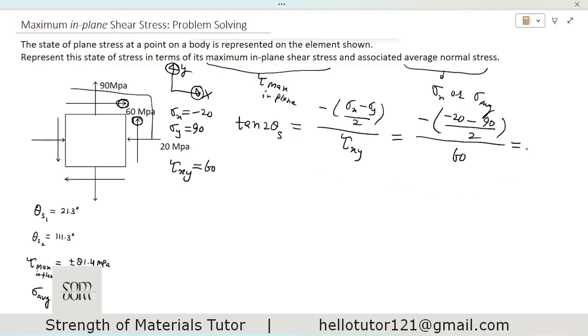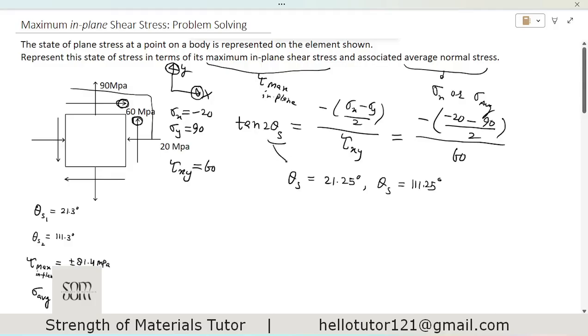From this we got theta s equal to 21.25 degrees, and we also got theta s to be 111.25 degrees. So this equation gave us two angles.